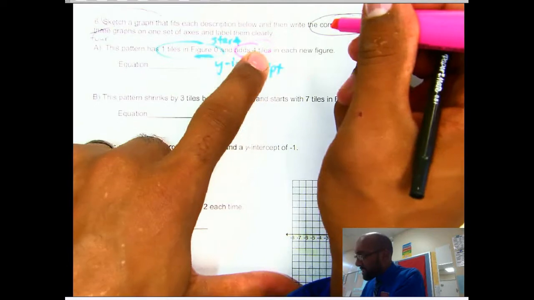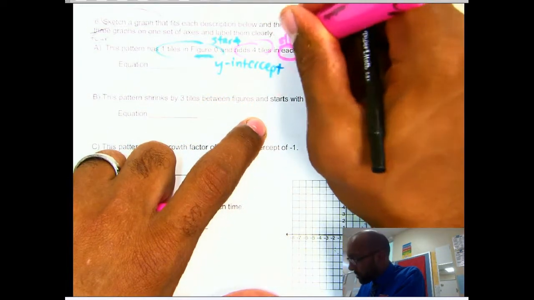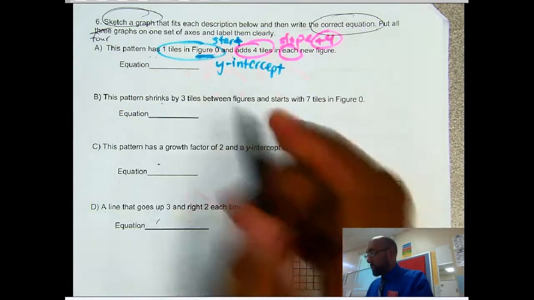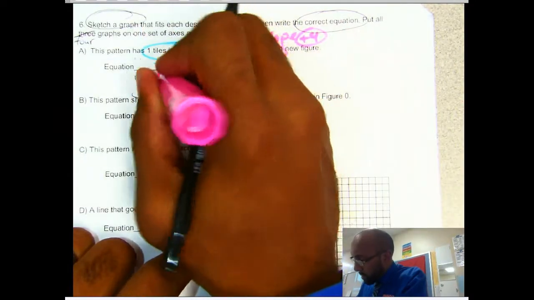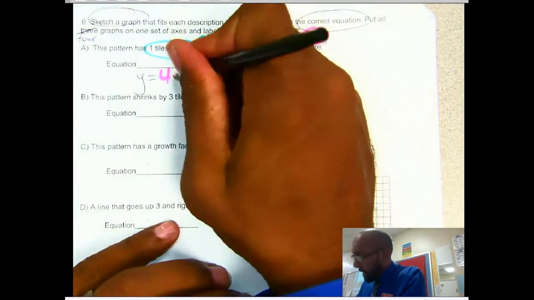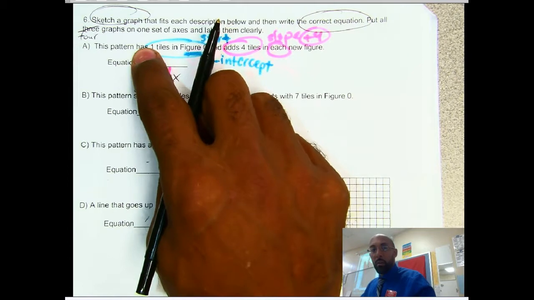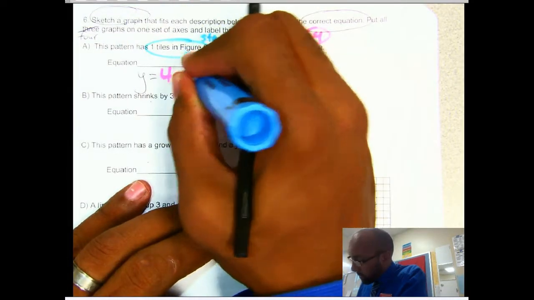So adds 4 in each, that's a key word. So that is the slope. Adds meaning plus 4. So if the equation is y, the slope is 4, then we can use x. And has is a key word for start: 1, and that's plus 1.